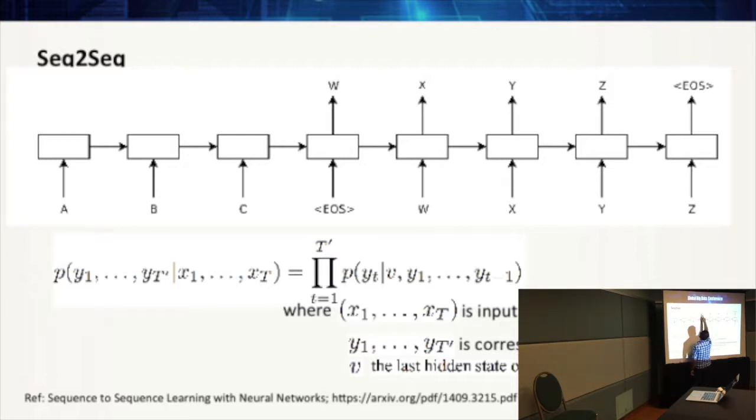So all of the W, X, Y, Z are dependent on the hidden state of the LSTM at this time and the previous word. So if you take this instance, X, the probability of X is dependent on the hidden state of the LSTM and the previous word that was outputted. That's how you have to read this mathematically.